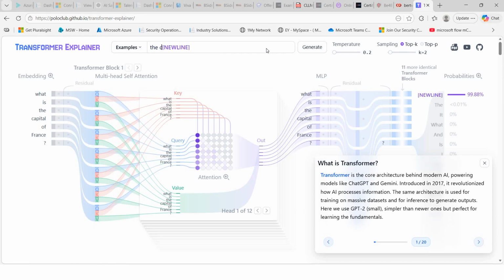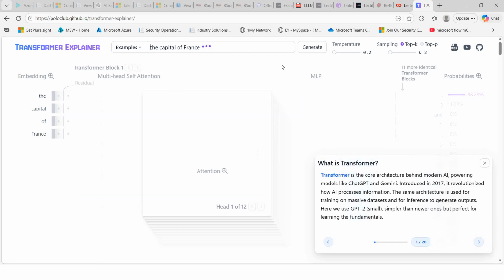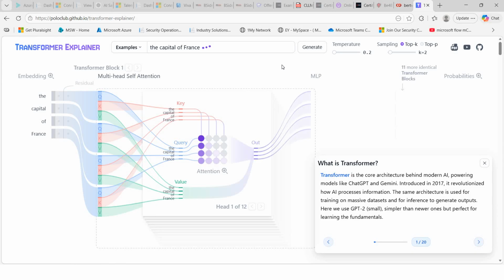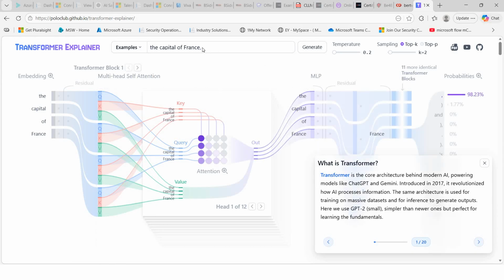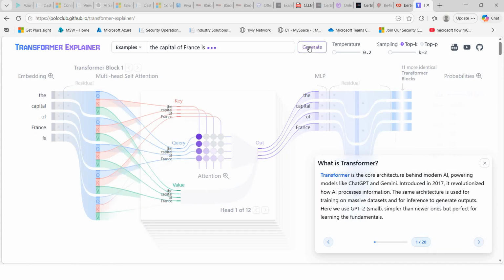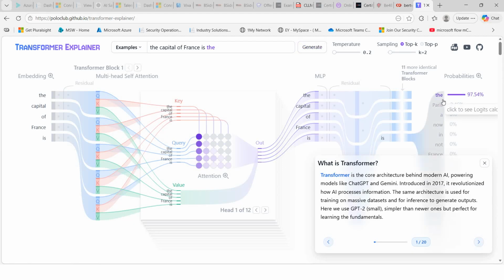If I give "The capital of France is", it gives "the" or "Paris".